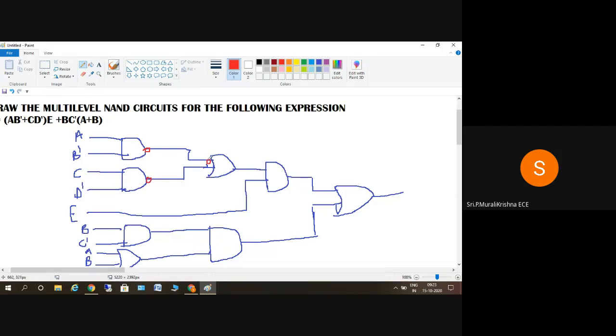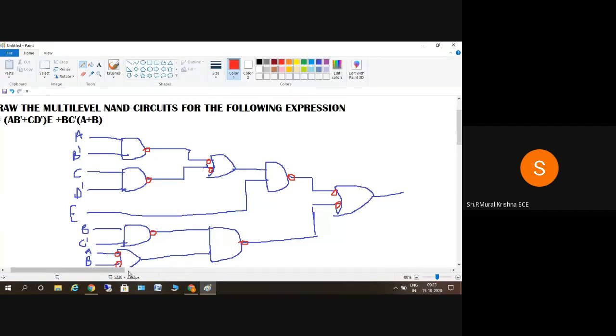An OR gate is invert OR only. This is the second step. Draw it separately, and don't overlap like this.